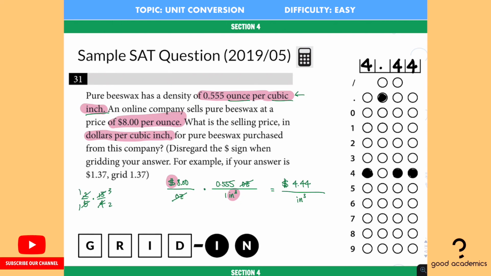It is exactly the same concept because the ounces are the same. That's why they canceled out each other entirely. So we have just 1 and 1 on the side. So this is just an example of unit conversion. I'm not seeing a lot of it on the SAT, but be prepared for this kind of question on your upcoming SAT exam.